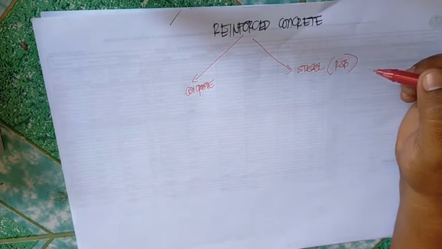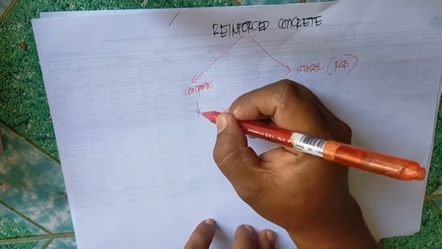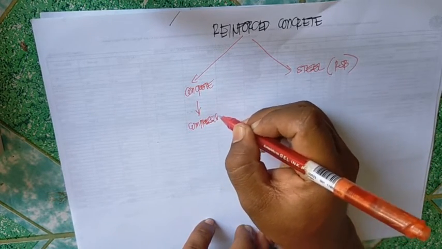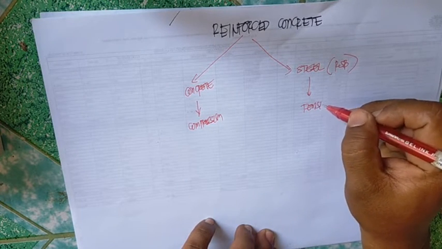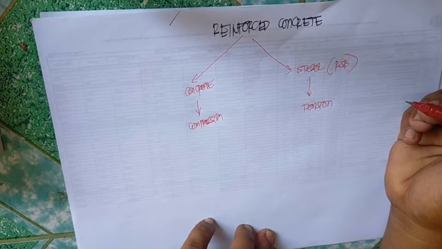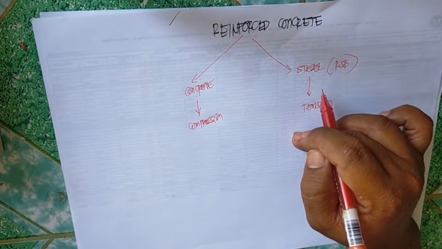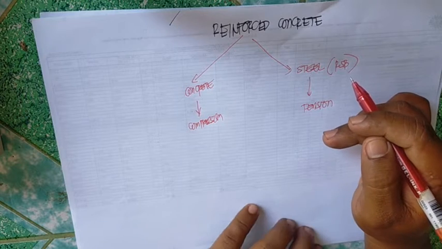for reinforced concrete, we all know that concrete is good in compression, while steel will provide tension. So these two combine in order to support each other.